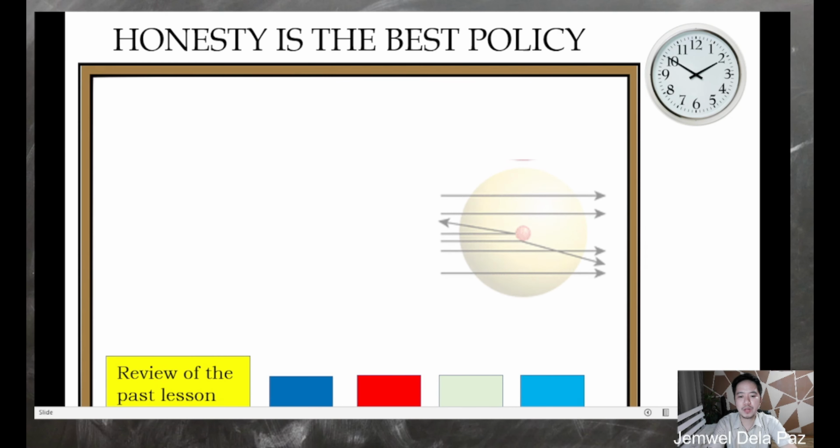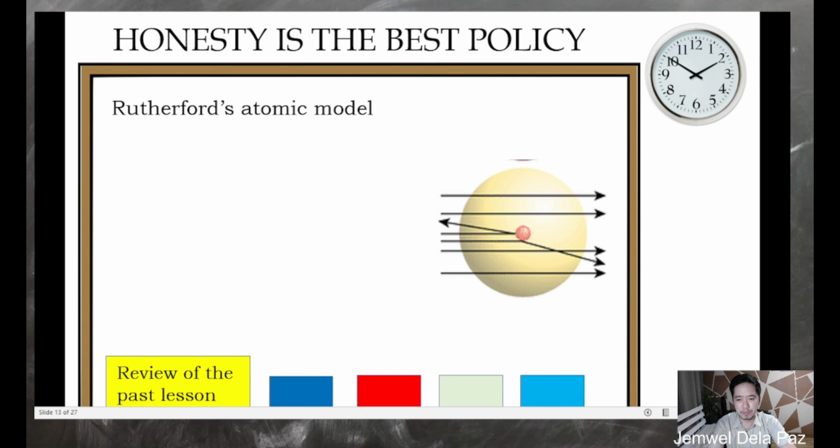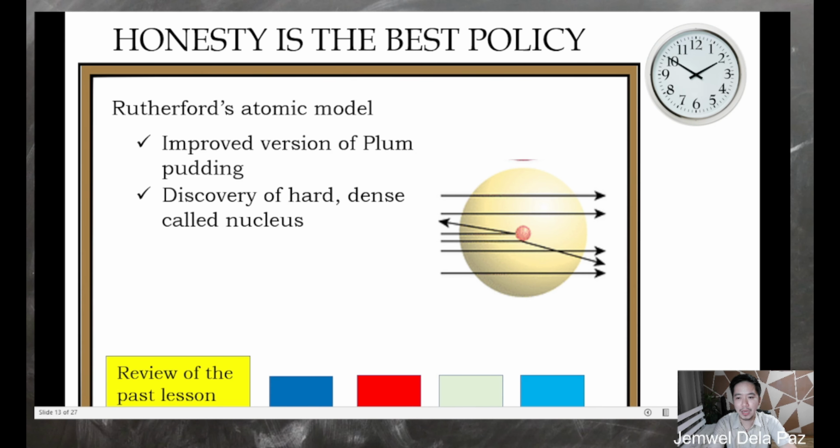The third atomic model we discussed is Rutherford's atomic model. This model is an improved version of the plum pudding model. During this time, Rutherford was able to discover a hard, dense, core nucleus.